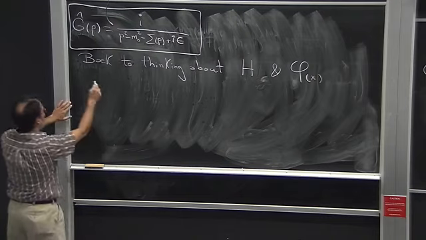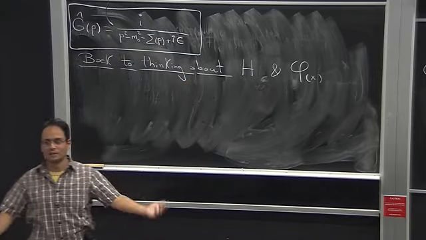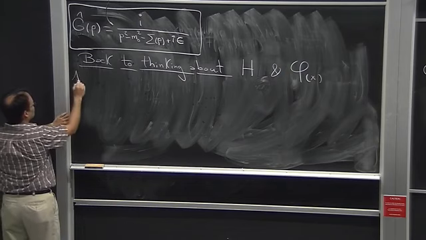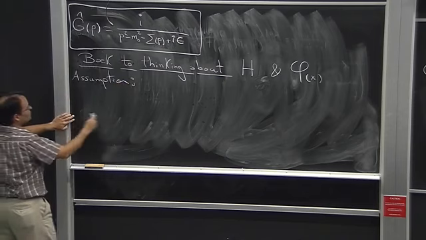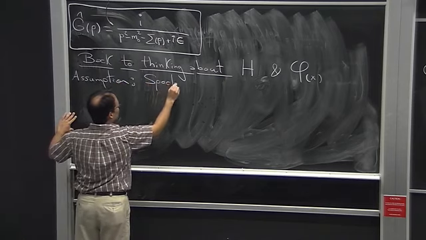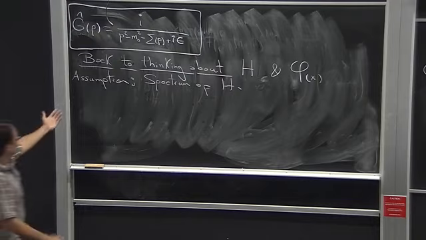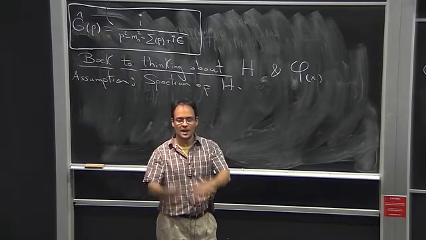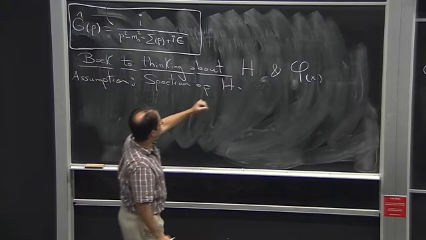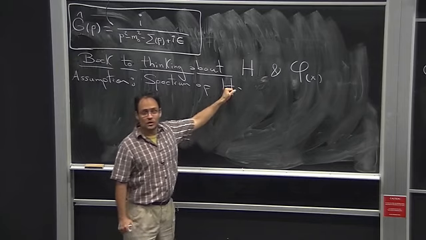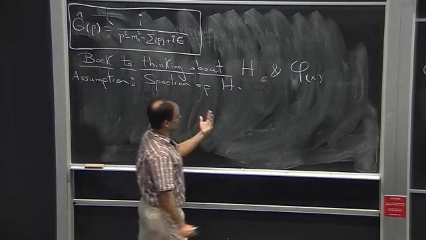Okay. Every time we're thinking about H and phi and the fully interacting fields, it's because we're going to make assumptions. We don't know how to prove them fully. We're going to make an assumption about the spectrum of H. We're going to assume that our fully interacting theory has excitations that look like particles, and that the Hamiltonian has a spectrum that is nice.